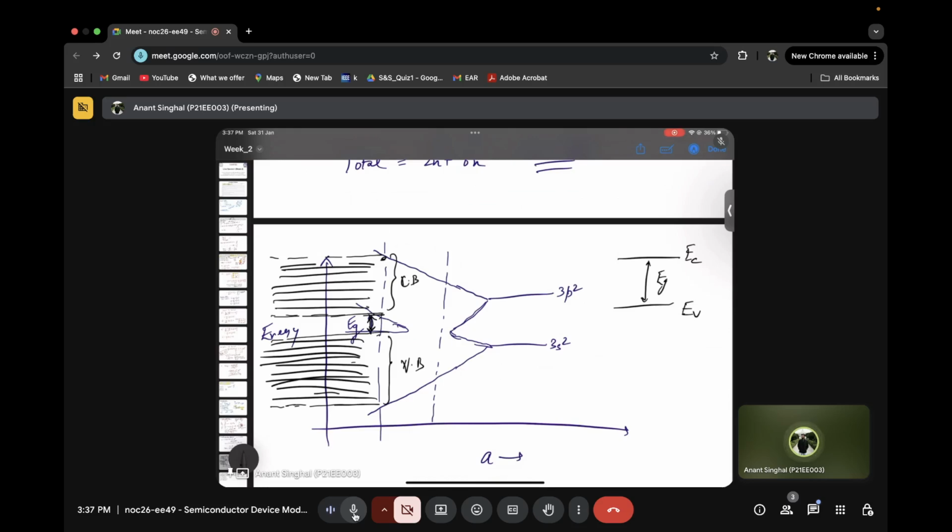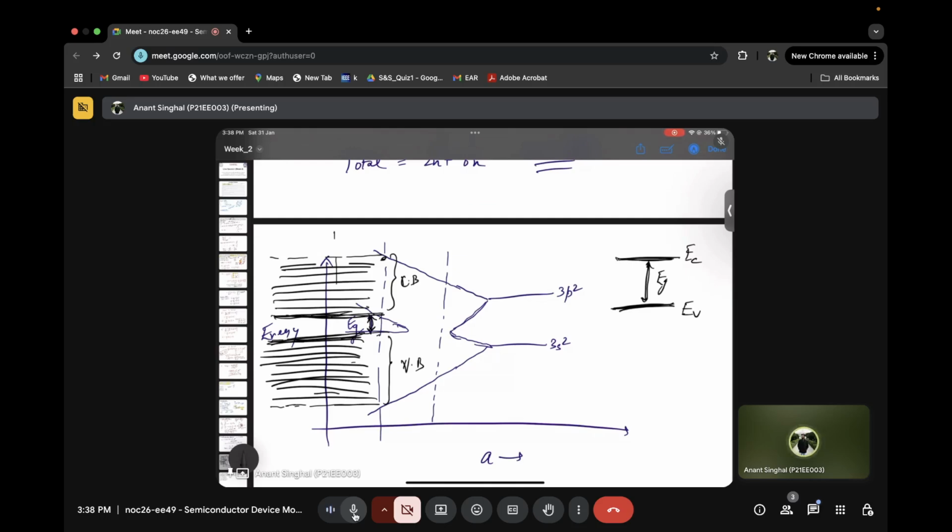In reality, the energy band diagrams are not flat, as you can see in this picture. They have some curvature, but to explain it in simple words, they take the topmost line of the valence band as the valence band energy, and the bottommost line of the conduction band as the conduction band energy, and the difference between them is the energy band gap. So this is how the band formation happens.